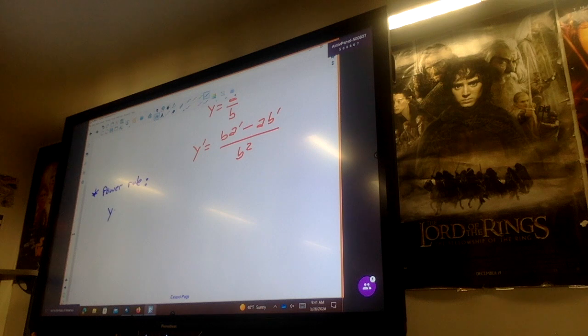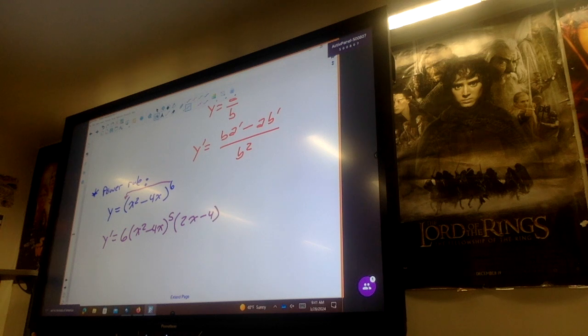So let's say I had y equals quantity x squared minus 4x, and it's raised to the sixth. So you have a quantity that's raised to a power, okay? So the first thing you're gonna do to find the derivative is this. Take the derivative of the whole function, so that comes down front, so that's gonna become to the fifth. And then take the derivative of the inside.